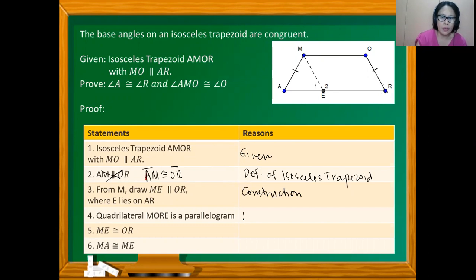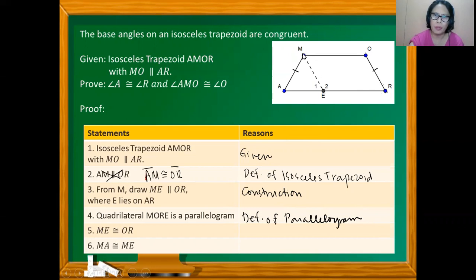And this is the definition of parallelogram. How do we define a parallelogram? A parallelogram has two pairs of opposite sides equal and parallel. So this is parallelogram MORE.